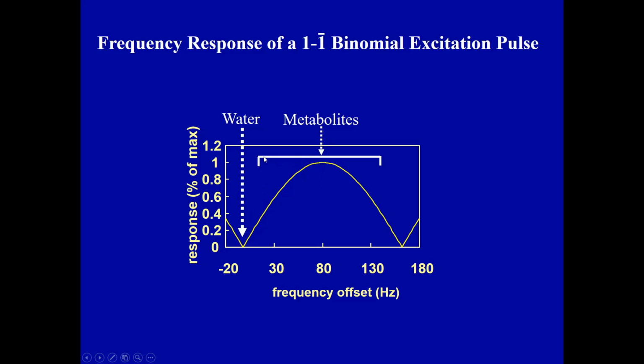But if something rotated a little less or a little more, then it would not be. And actually, if something is far enough away, it will precess 360 degrees, match itself with water, and be tipped up into the z-axis, so we see nothing. So the binomial pulse has a pretty severe frequency profile.